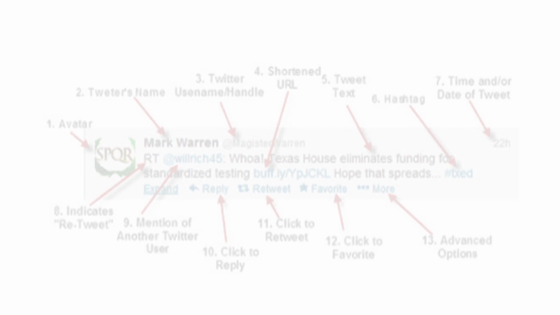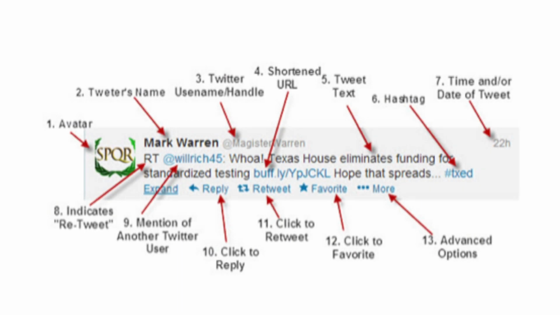You can also see underneath there are options such as expand, reply, retweet, favorite, and other advanced options. We'll talk a little bit more about what all of these things mean. But oftentimes, if you press expand, you can see the conversation. If you press reply, you can reply to somebody.